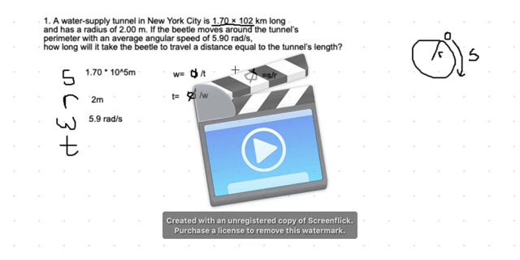Then I take that whole number and I divide it by the average speed, and that is going to give me the time that it took. So essentially, I end up with 1.7 times 10 to the power of 5 divided by 2, and I take that entire thing and divide it by 5.9, which gives me an answer of 1.44 times 10 to the power of 4 seconds. Hopefully that answers that question, and that is the answer for question number 5.